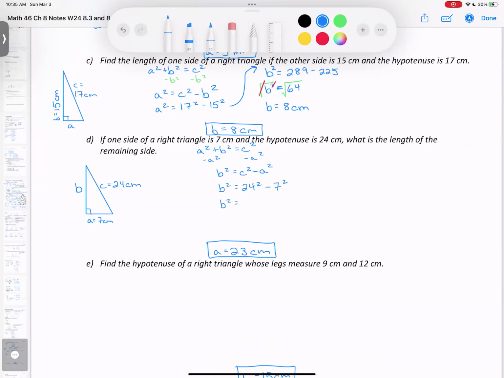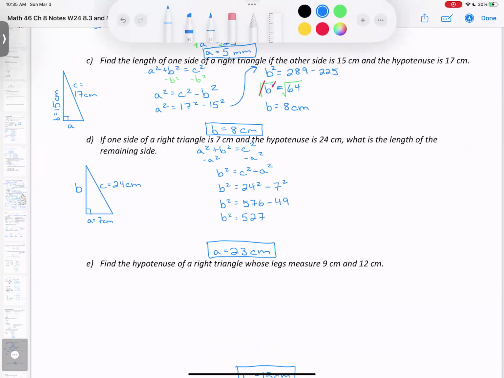And so 24 squared gives me what? 576. And 7 squared gives me 49. So when I do that subtraction, I get 527. So now I know what B squared is.